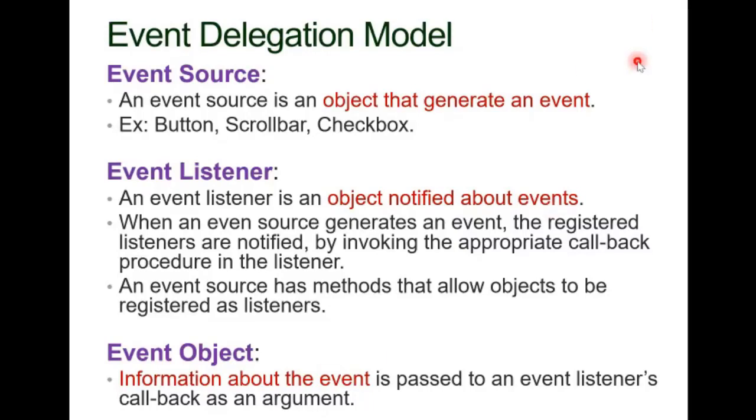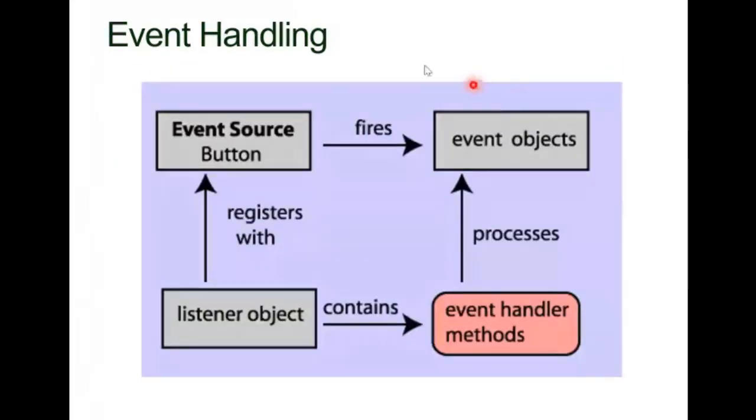Next, let's move on to how event handling actually happens. Look here. This is the event source, which we call the button. Once you click the button, it fires, then it goes to the event object and is processed through the event handler methods. You also need to register in the listener object, which will contain the event handler.